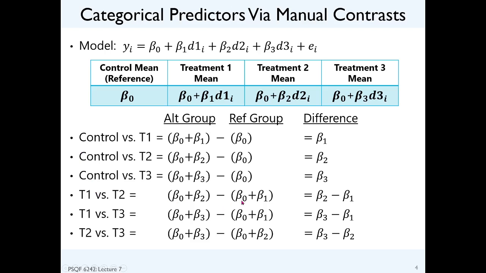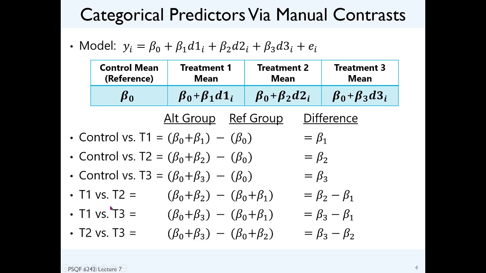If we want to compare that to treatment group 1 as the reference, then we put in how the model gives us treatment group 1's mean. If we do the math, we find that the beta 0 terms drop, and we're left with beta 2 minus beta 1 as the answer to how treatment 2 differs from treatment 1.